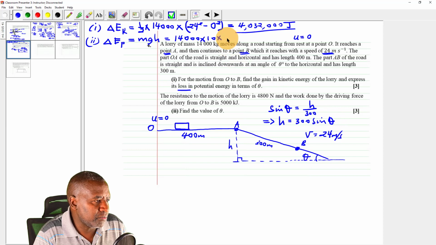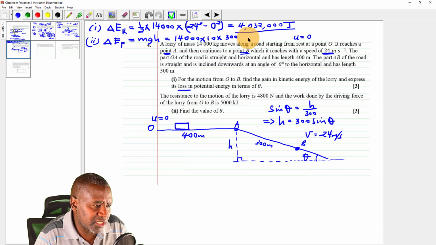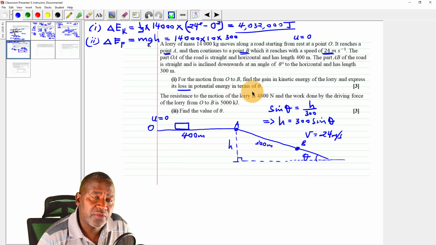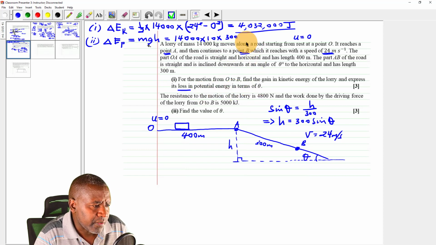So it's not possible to work it out as an exact value, and in fact even in the question they don't expect us to do that, because they've asked us to calculate the loss in potential energy in terms of theta. So this one will be 300 sine theta.